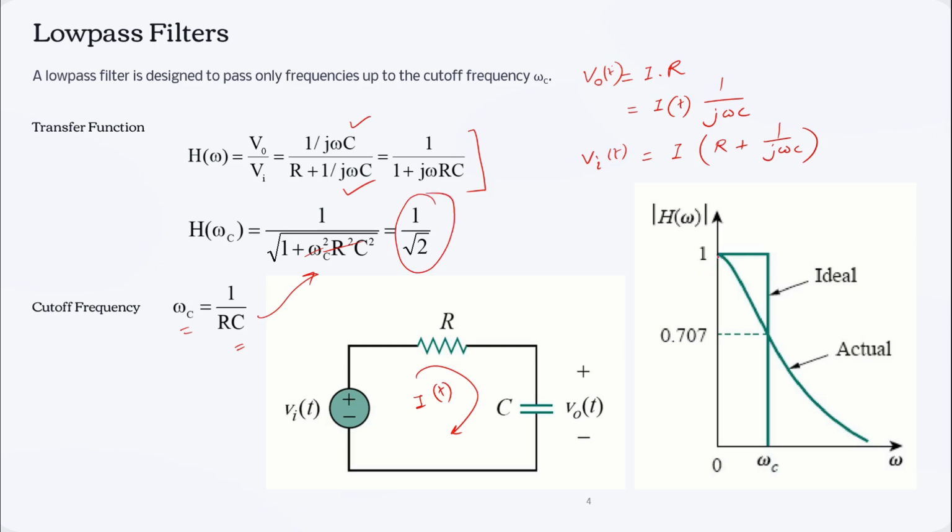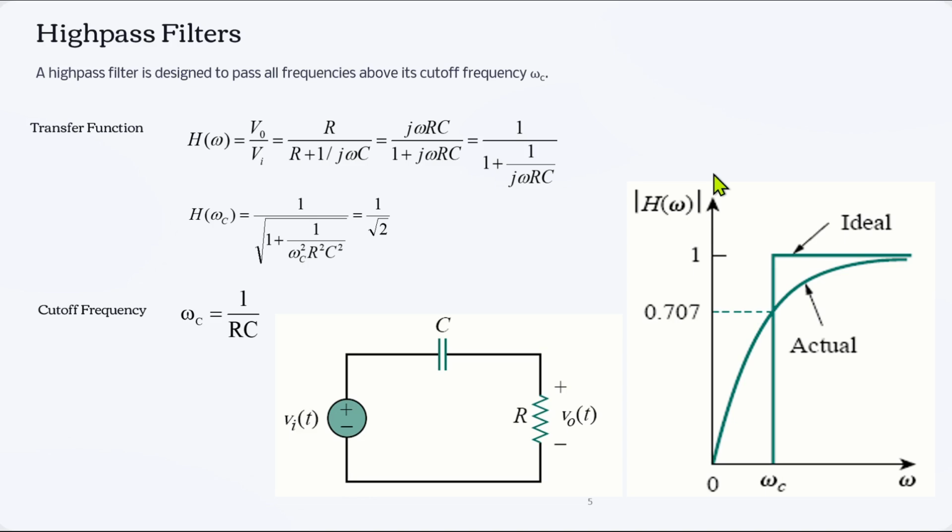That is why, as you can see, the function will attain a value of 1 by root 2, which is equal to 0.707. If the maximum is 1, then the cutoff frequency point is given as 0.707. So this represents the low pass filter.